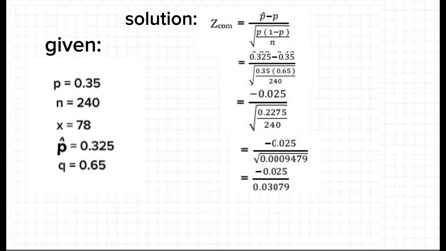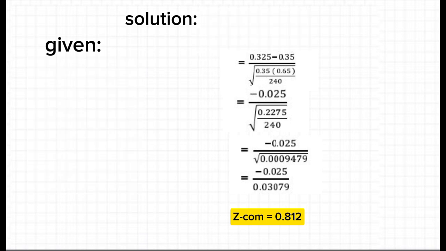And the product of this should be 0.03079. The last thing we should do is divide negative 0.025 by 0.03079. And therefore, the computed Z value is Z-com equal to 0.812.